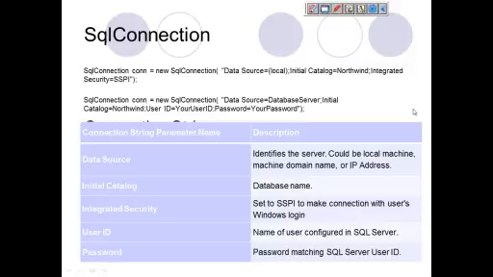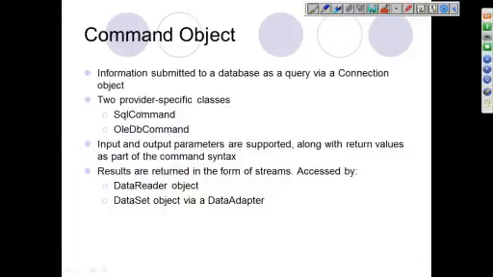Okay, we'll move on. Next is the command object. Once the connection is open, this line is open from your database to your application. The connection has been created. Now the line is open, but you still have to get data or update data.